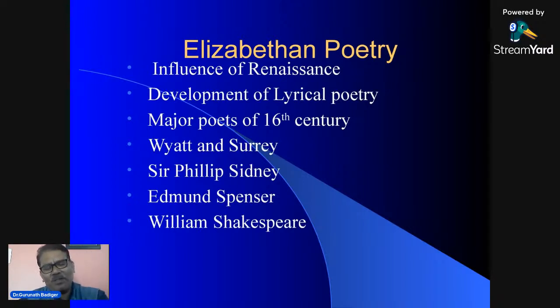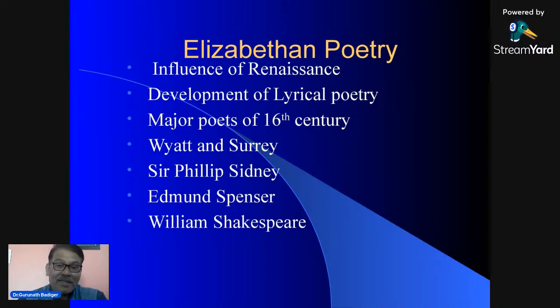As you know, the fall of Constantinople took place in 1453, and because of the fall of Constantinople, there was a wide range of exodus, the movement of scholars, philosophers, and writers from Constantinople to Italy, and Italy became the center of new learning.